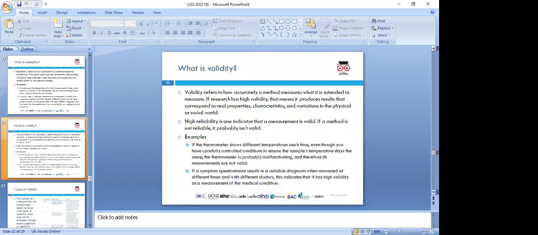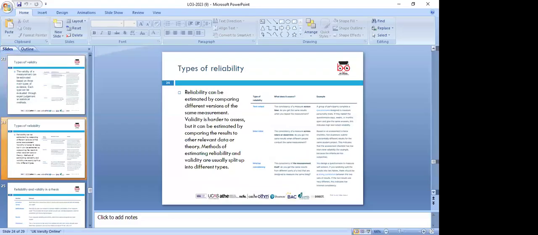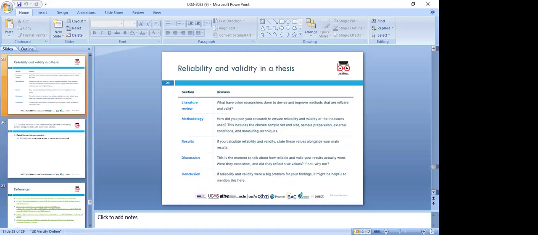So one is that the thermometer shows different temperatures each time. It is not valid. Reliability can be estimated by comparing different versions of the same measurement. While validity is harder to assess, it can be estimated by comparing the result to other relevant data or theory. That's how you say something is valid.